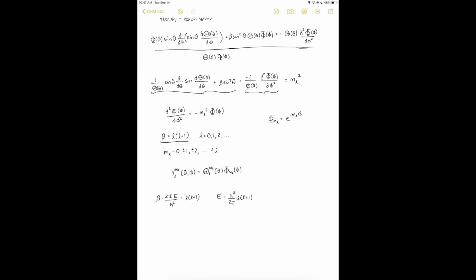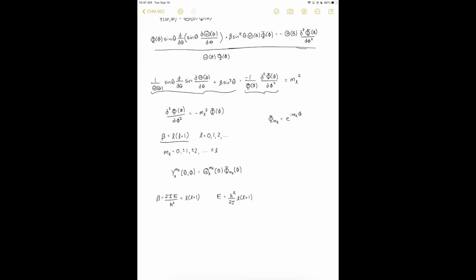And so our total energy is only dependent on the quantum number L and not the quantum number m sub L. Now this is very different from two-dimensional rotation, where the energy was dependent on only the quantum number m sub L.